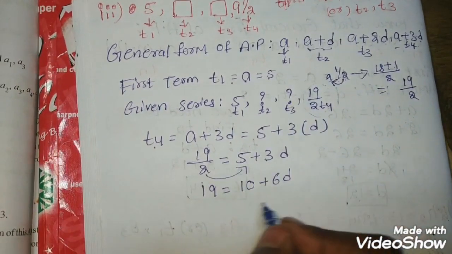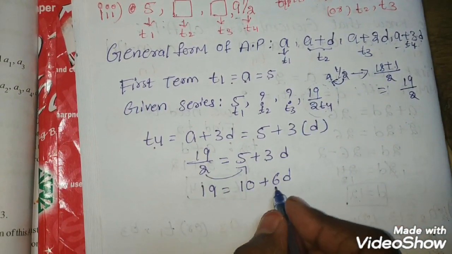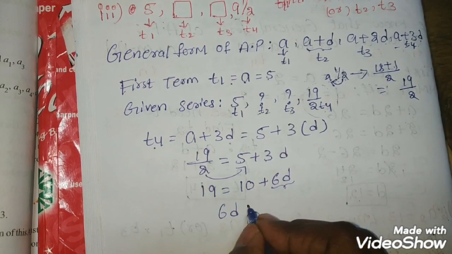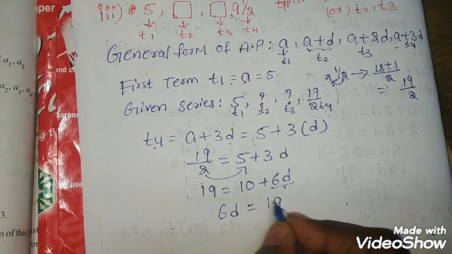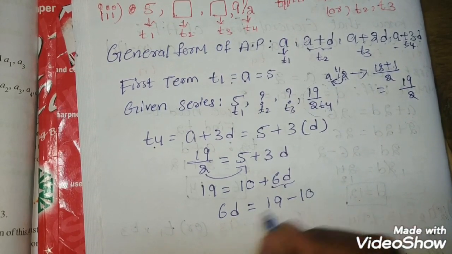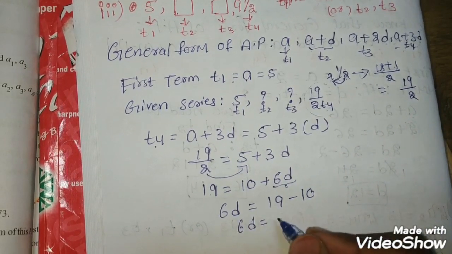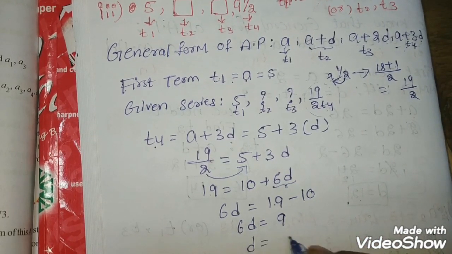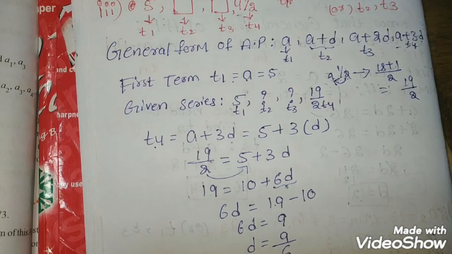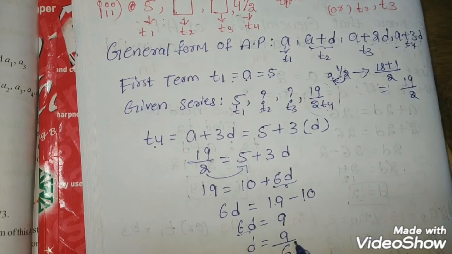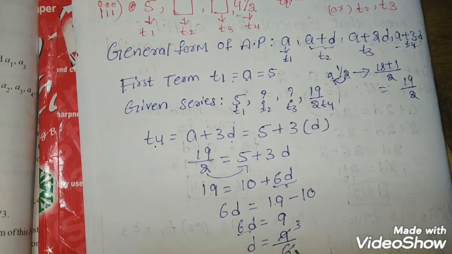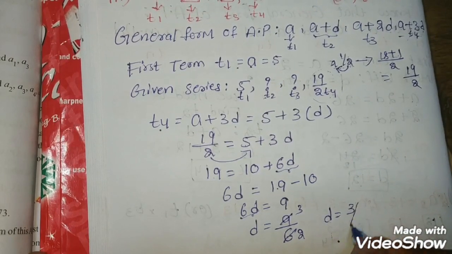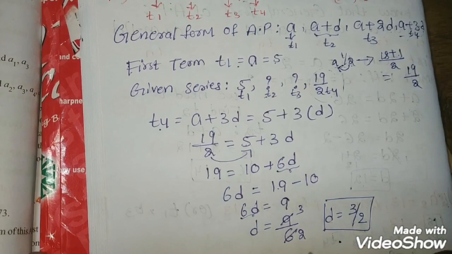Basic maths these are. So what do we need? We need d. So take 6d to one side. 6d is equal to 19, and plus 10 will become minus 10. 6d is equal to 19 minus 10, what? 9. So d is equal to 9 by 6. Now 3 3s are 9, 3 2s are 6. So d is equal to 3 by 2.